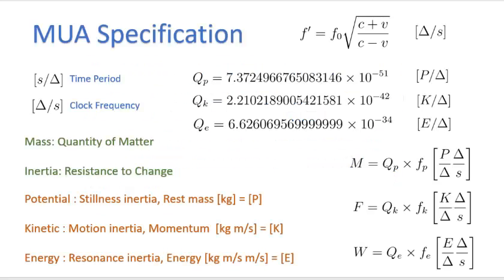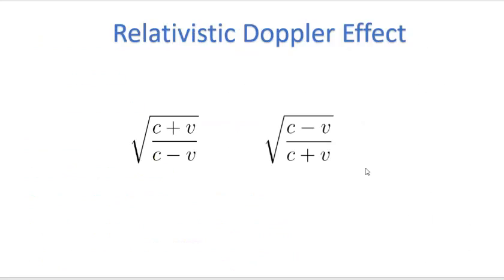Now this bothers me a little, because here are the two equations for the relativistic Doppler effect, which I compressed into these two equations. This one is a blue shift, this one is a red shift, and the speed of light is in here. The speed of light is the medium. And in these equations, the velocities are being referenced to the medium.